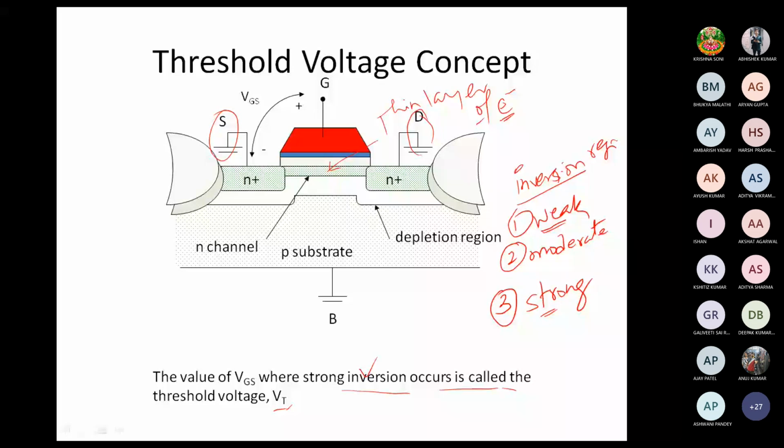When the channel is strongly inverted, we have a very huge amount of channel charge.